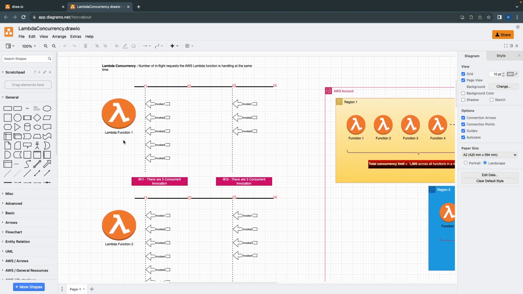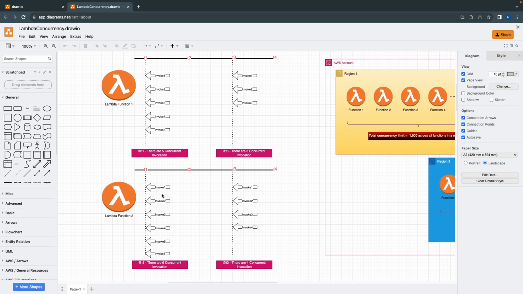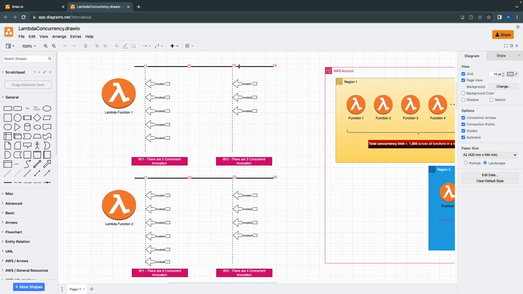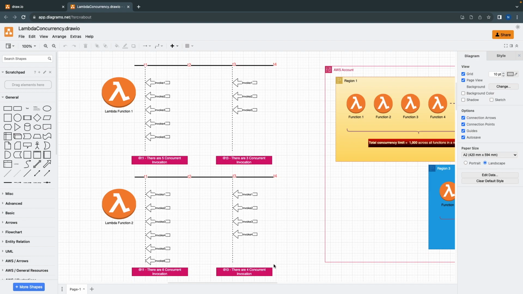Lambda function 1 is concurrently invoked 5 times in this case, and the second one has 6 concurrent executions. After some time, at T3, Lambda 1 was invoked 3 times, and Lambda 2 was invoked 4 times. So at a given time, the Lambda is triggered multiple times, and we will see how Lambda behaves behind the scenes for this kind of invocation.